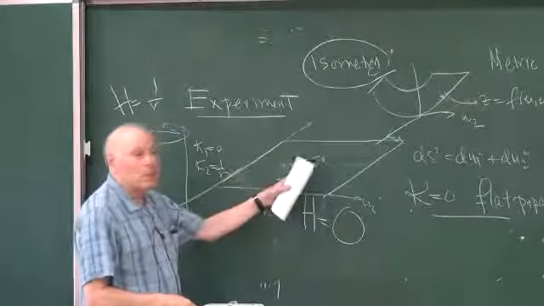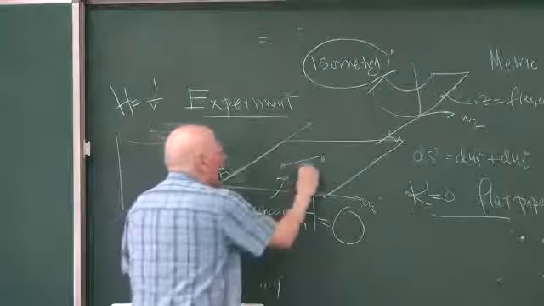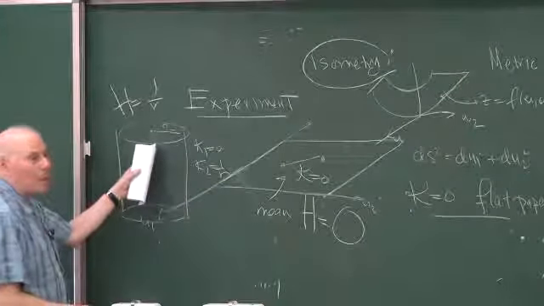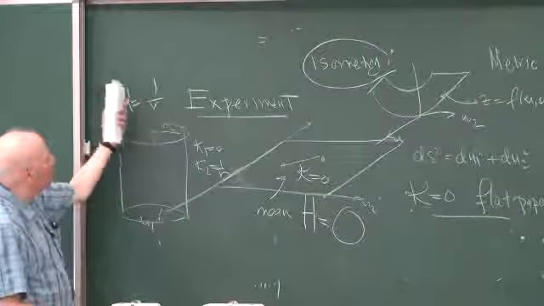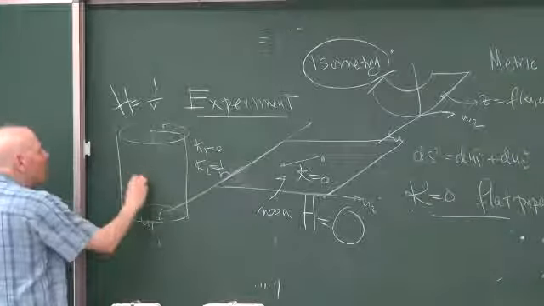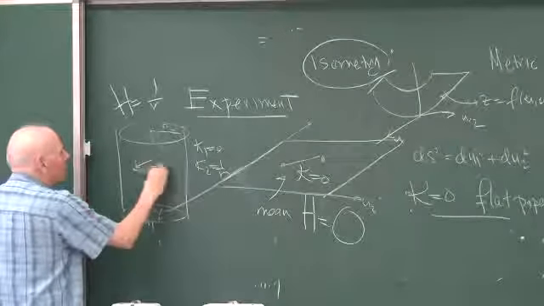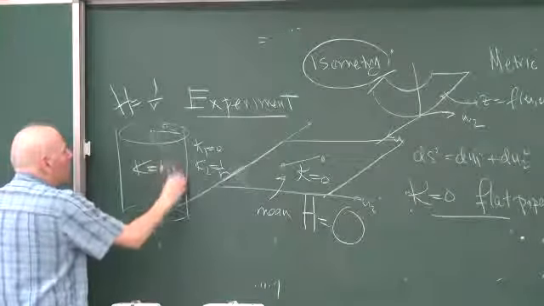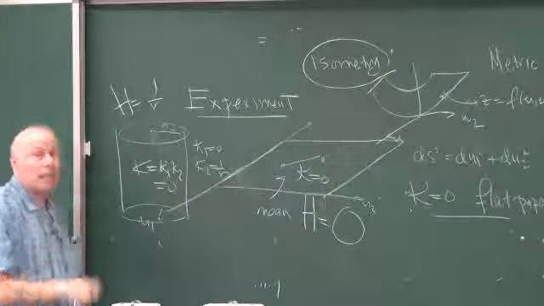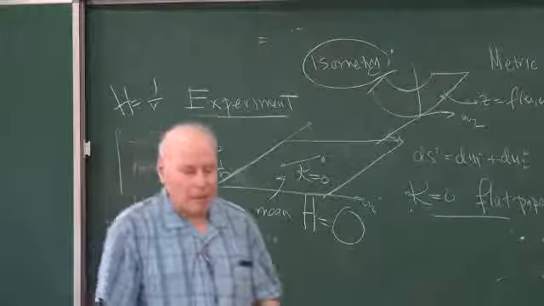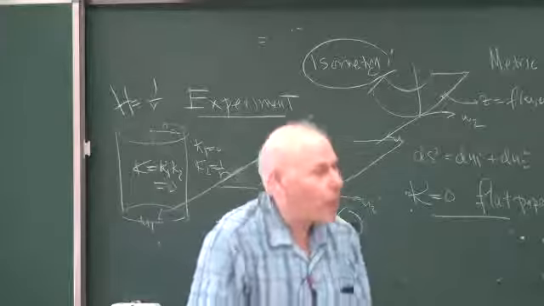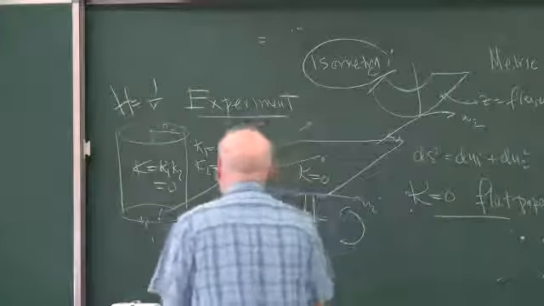The Gauss curvature is 0 times 0 for the paper. But the theory tells us that the Gauss curvature here better be 0 as well. And sure enough, it's 1 over r times 0, not a deep computation. So the Gauss curvature, kappa 1 times kappa 2, was 0.